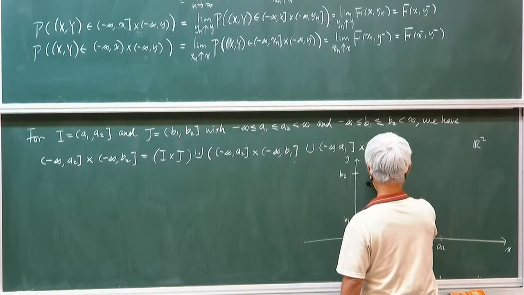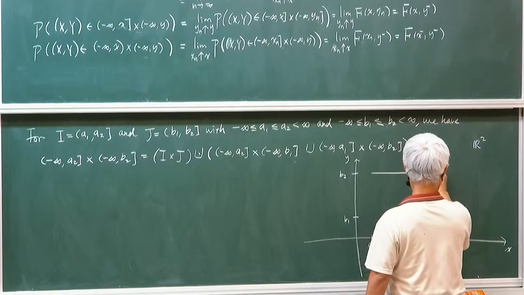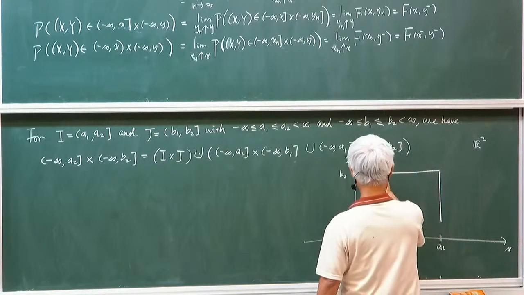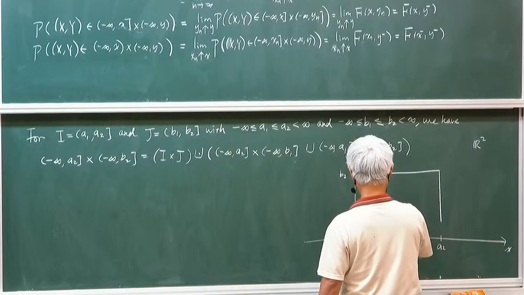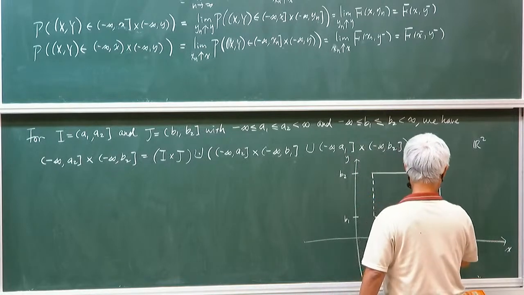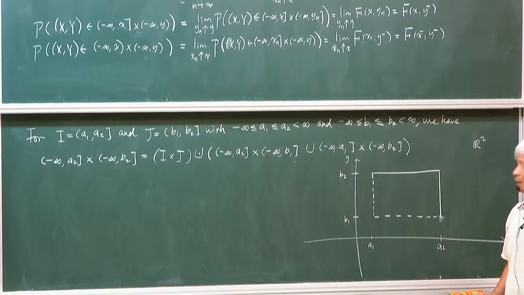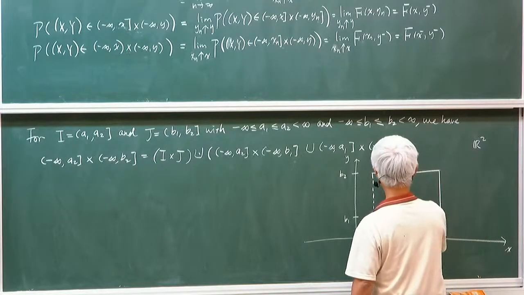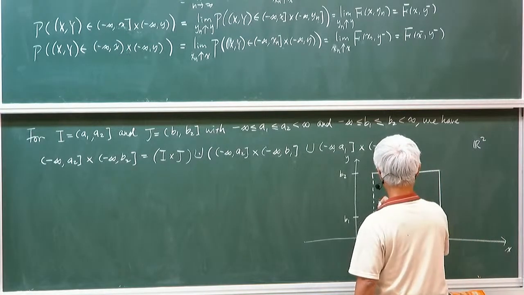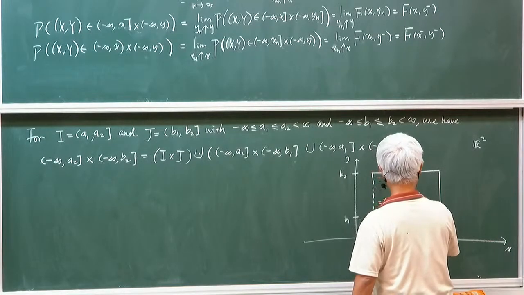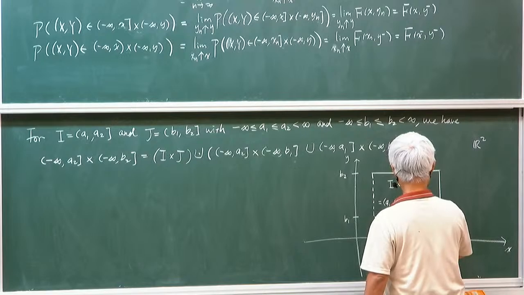So we have closed end, but open end here. Okay, so this is I, which is A1, A2 Cartesian product with B1, B2.